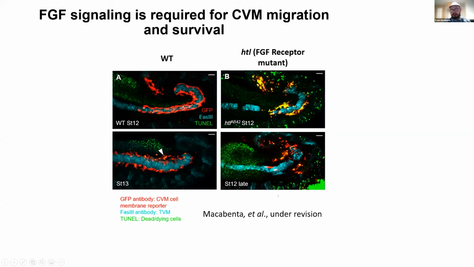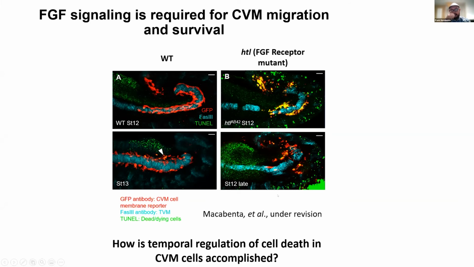And so this led me to wonder how this temporal regulation of cell death in CVM cells is accomplished. Because if you recall, the CVM cells are able to undergo migration early, but it's only after they round this posterior turn in the embryo that they undergo this wholesale cell death.